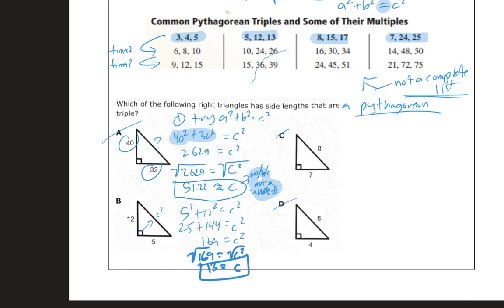And so that's a yes, because it's a whole number. That's a solid answer. This is a no because this is not a whole number. Okay, so that's what a Pythagorean triple is.